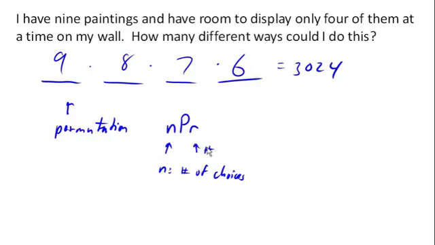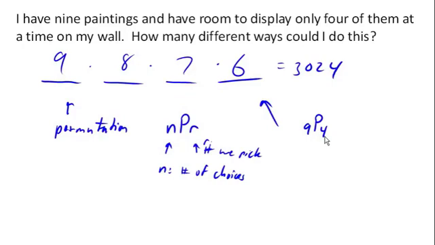So r is the number we pick from our total number of choices. So this problem here would be 9P4. We have 9 choices, and from them we're going to pick 4 of them, and we're going to look at all the possible orderings or permutations of them.